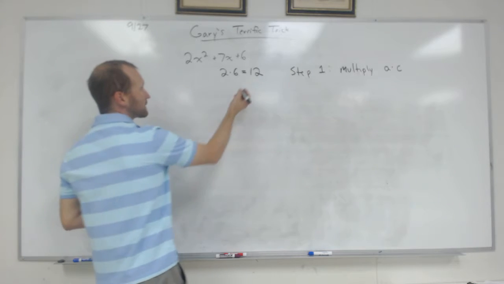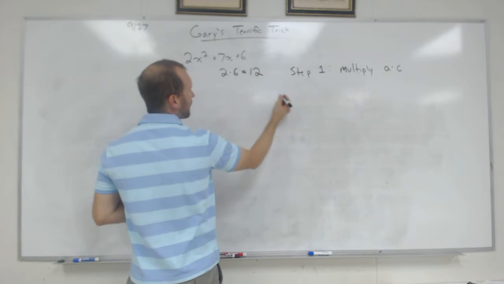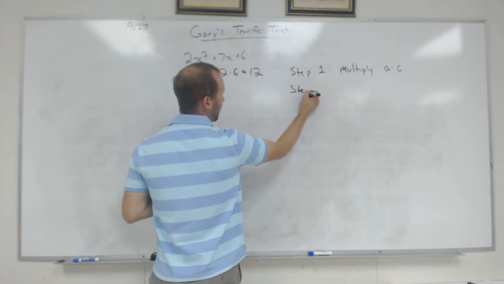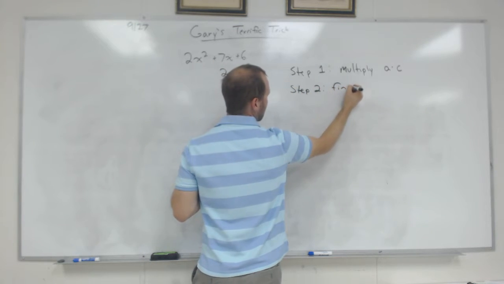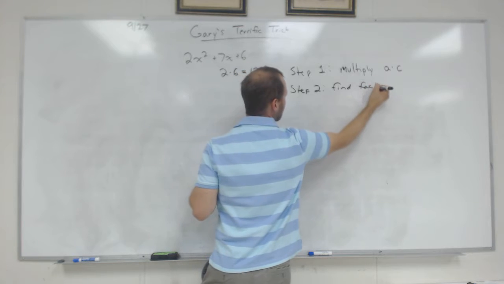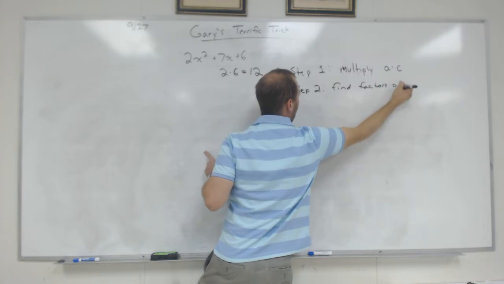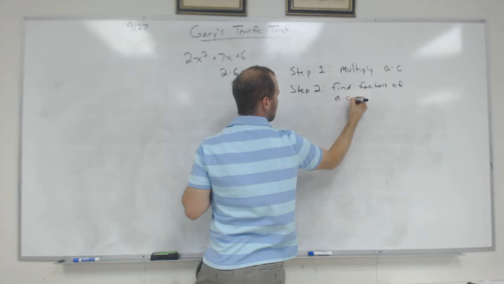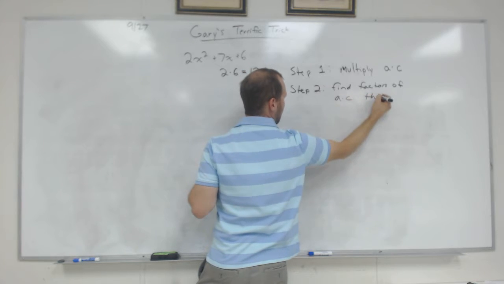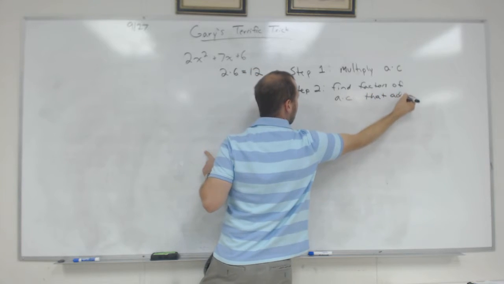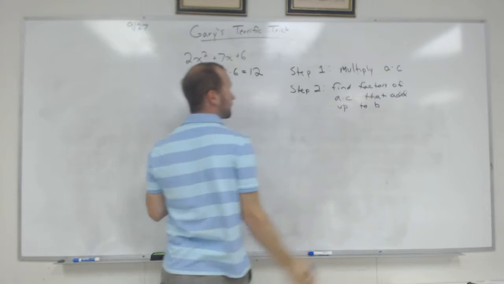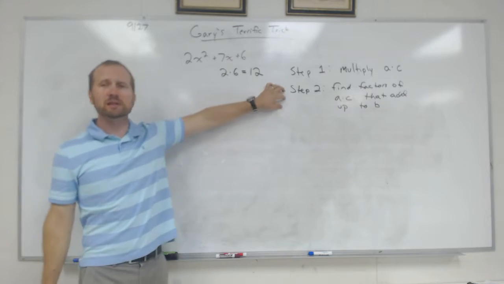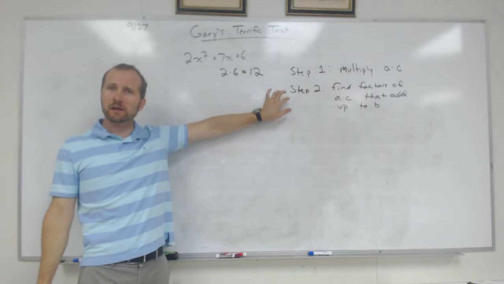Now that I've got this A times C figured out, I'm going to look for factors of that. So we're finding factors of A times C that add up to B. So this step is really similar to how we factored when A did equal 1.